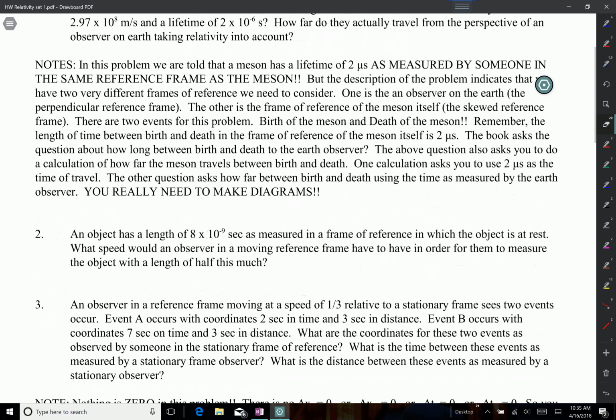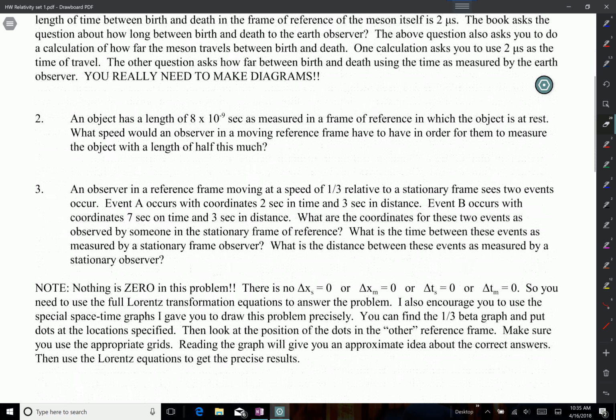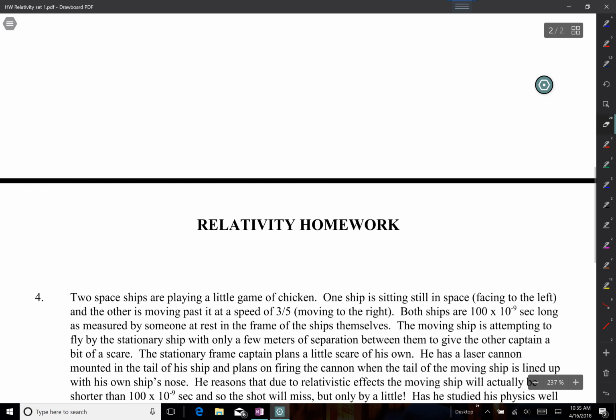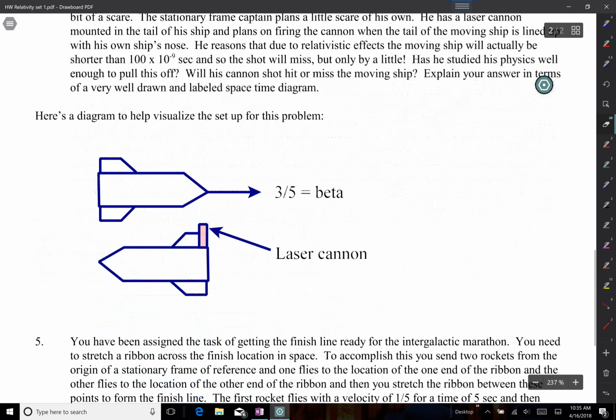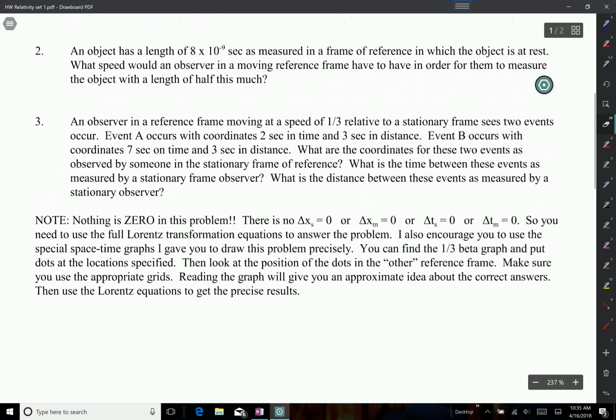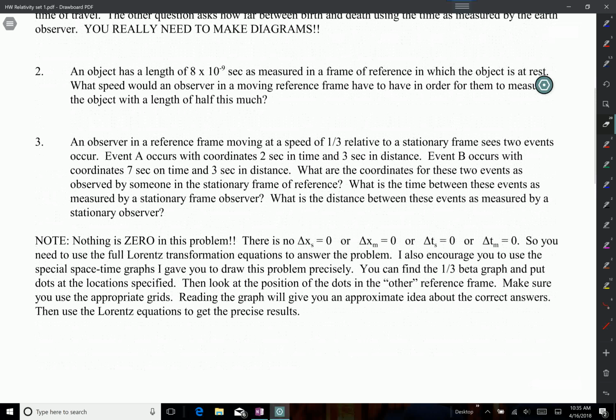We did that in class, so I'm not going to do that anymore. We'll do 2, 3, 4, and 5. I'll just give you the setup, the diagrams to get you started, so that it hopefully won't be quite so bad.